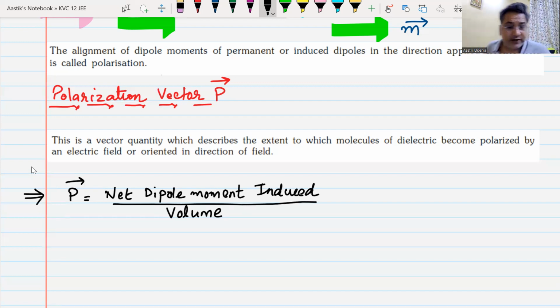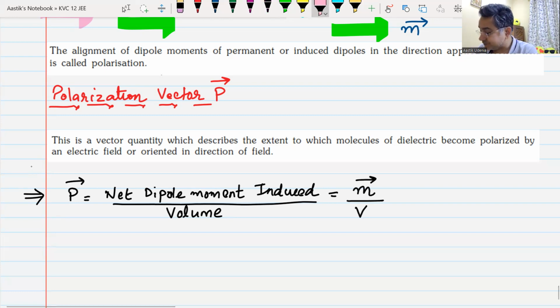What is the net dipole moment which is induced per unit volume? If I say that the net dipole moment is m, then this will be m vector divided by v, where v is the total volume of the dielectric.